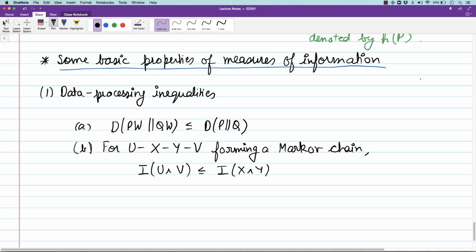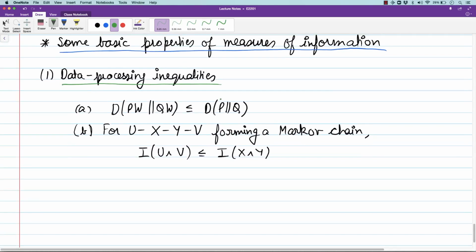This is again the data processing inequality for mutual information that we saw earlier. So this is the first property that we have reviewed. All I'm saying is that data processing inequalities that we saw earlier extend to these more general measures of information which are valid for general random variables. Okay. The second property is about the connection between mutual information and differential entropy.